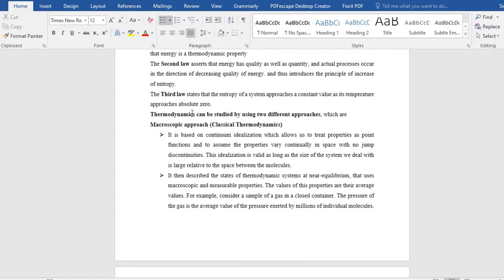The macroscopic approach falls under the category of classical thermodynamics.